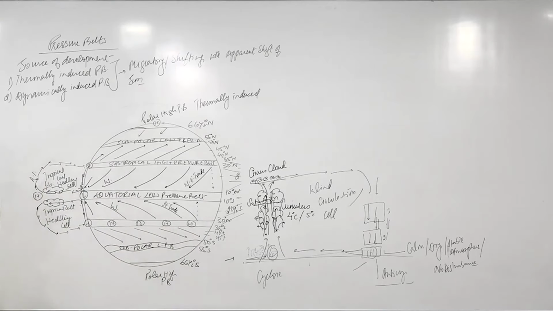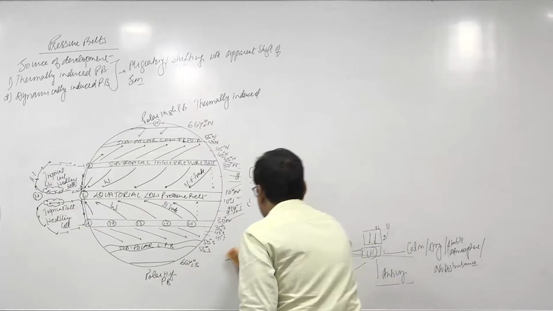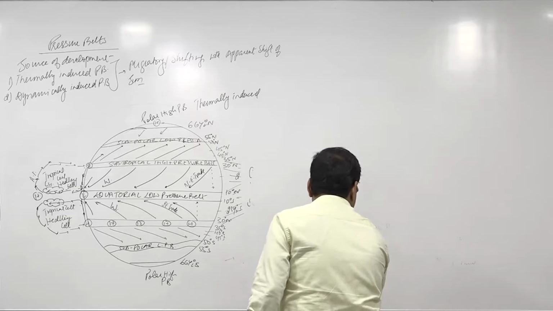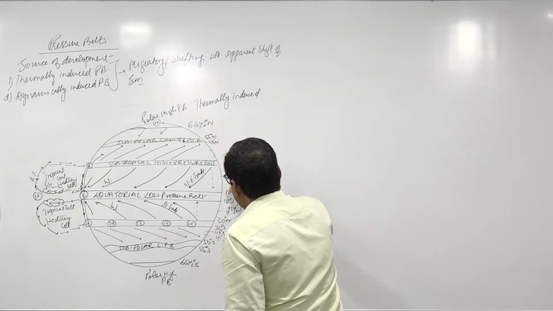So what is the direction of the wind now? Wind direction is southwest to northeast. So can we call them exactly the westerlies, as we have called them the tropical easterlies?